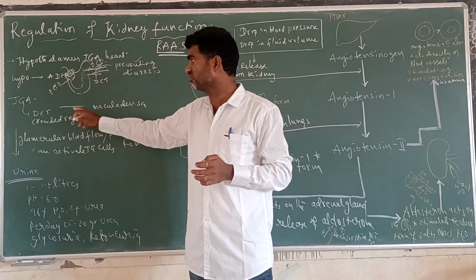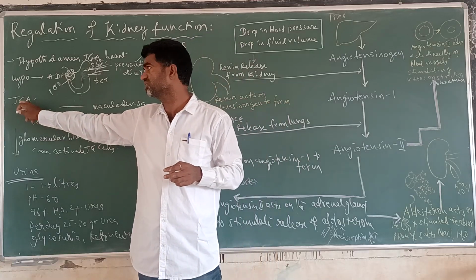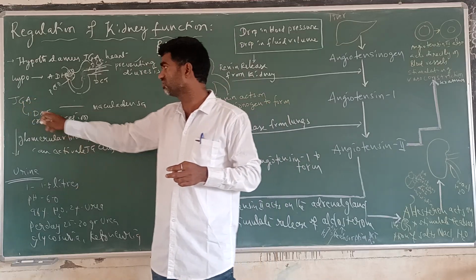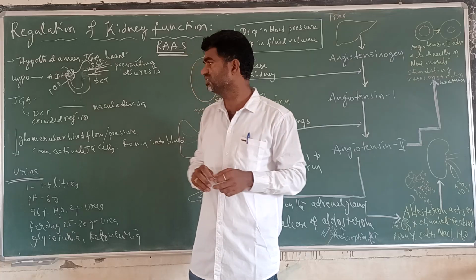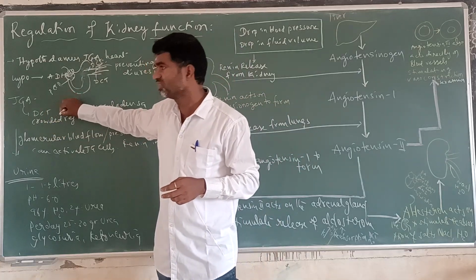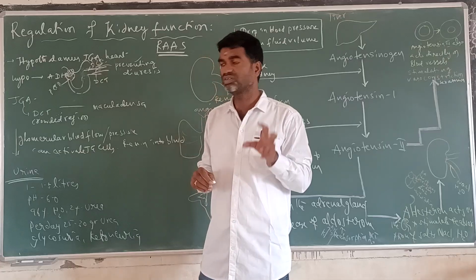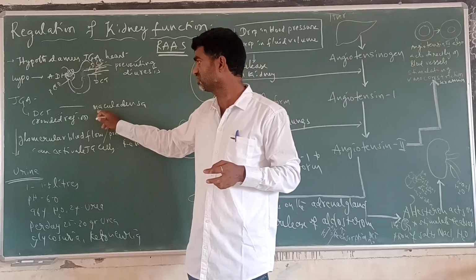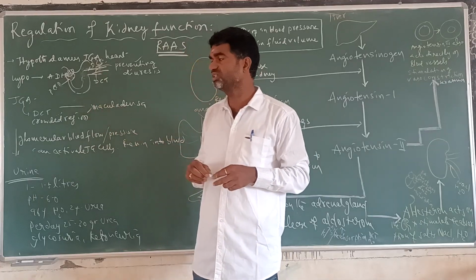For example, JGA means juxtaglomerular apparatus. Now when it reaches the DCT, distal convoluted tubule, the DCT contains a crowded region. This crowded region contains the macula densa.